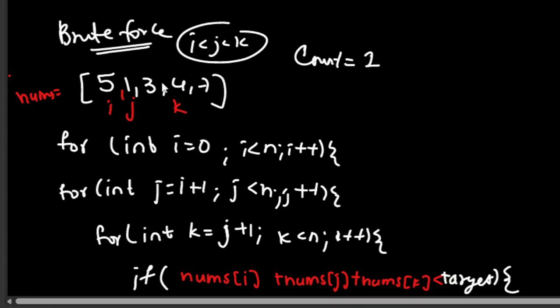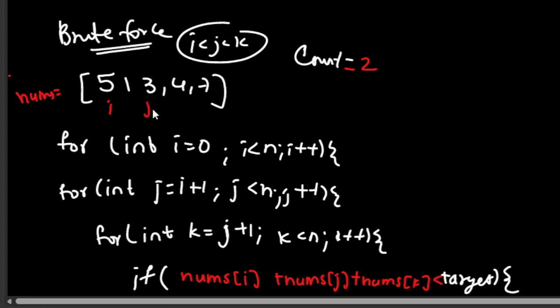If k is here, 5 1 4, that is 9 plus 1, that is 10, then the count will become 2. And when we move k here, 7 plus 5 is 12 plus 1, 13. So we don't increase the count, and we'll just increase j.